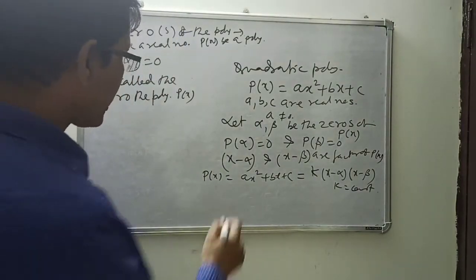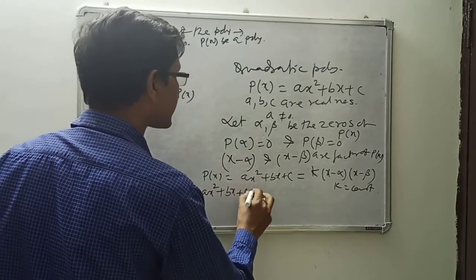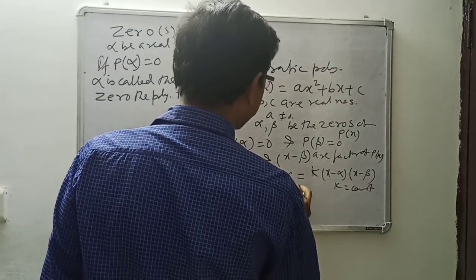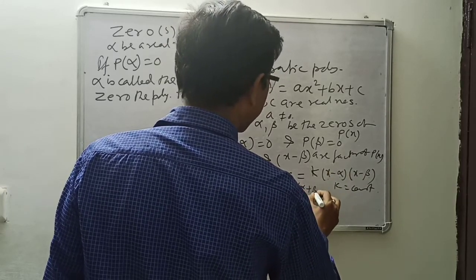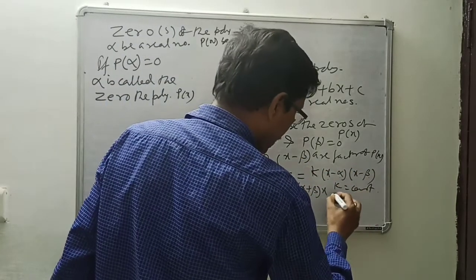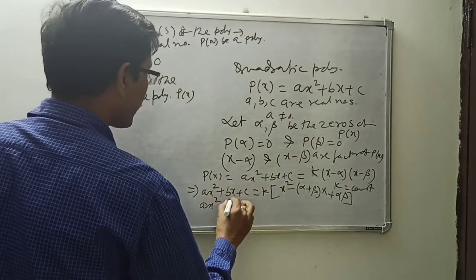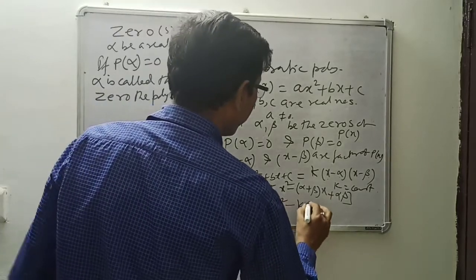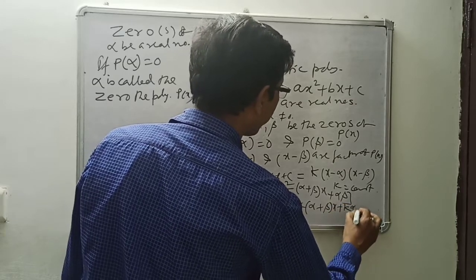So ax square plus bx plus c equals k into, if we do the multiplication, x square minus alpha x minus beta x plus alpha beta. Taking x common, minus (alpha plus beta) x plus alpha beta. So ax square plus bx plus c equals k x square minus k(alpha plus beta) x plus k alpha beta.